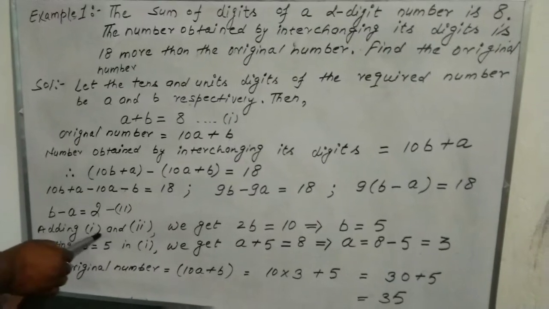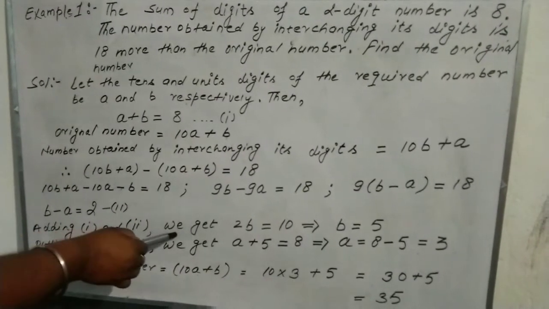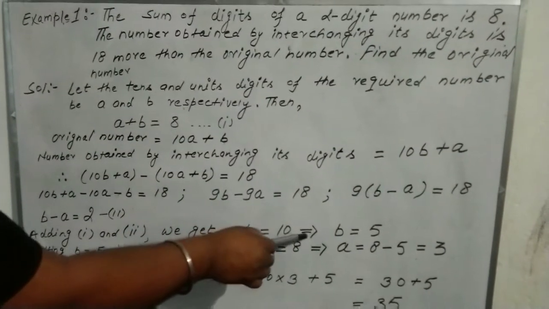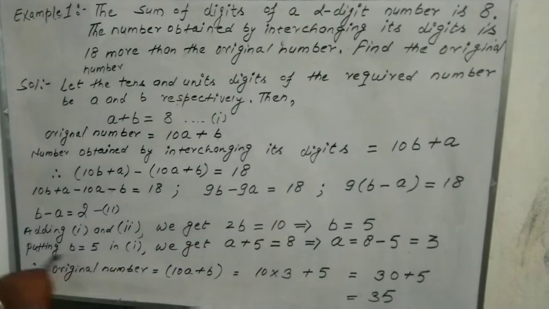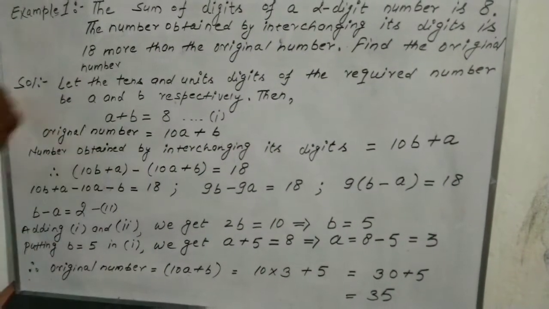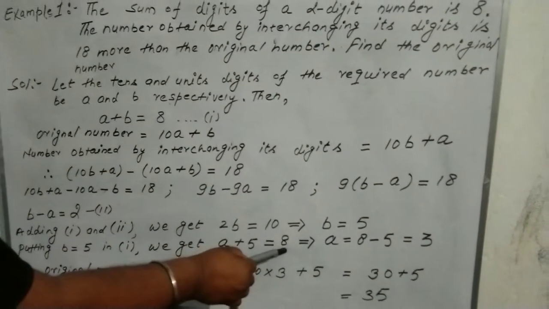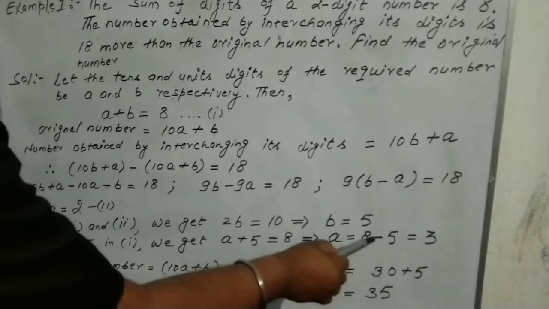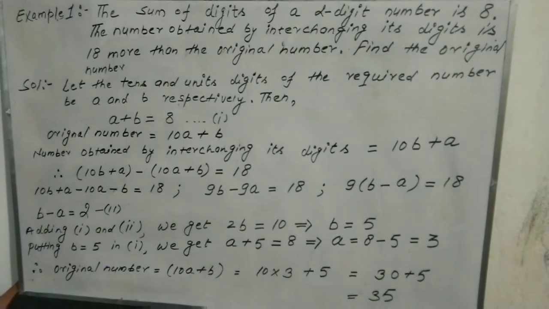Now we will add equation 1 and equation 2. By adding equations 1 and 2, we get 2B is equal to 10. Therefore B is equal to 5. Now put B equal to 5 in equation 1. We get A plus 5 is equal to 8. In the next step, A is equal to 8 minus 5, and 8 minus 5 is equal to 3.